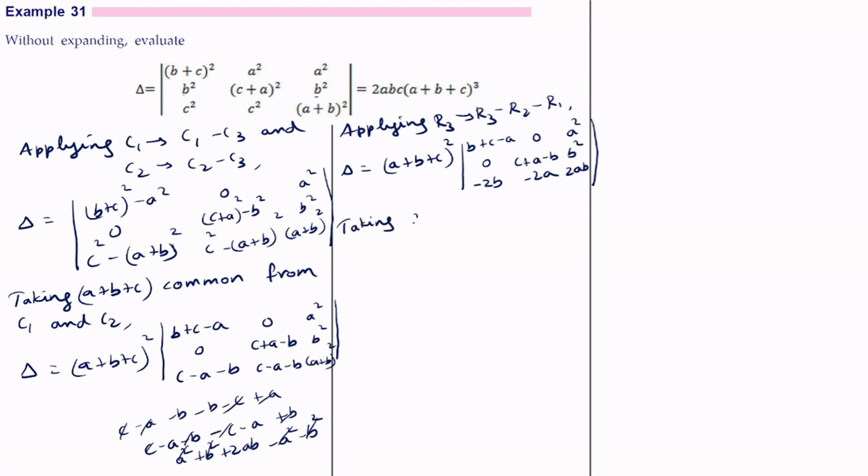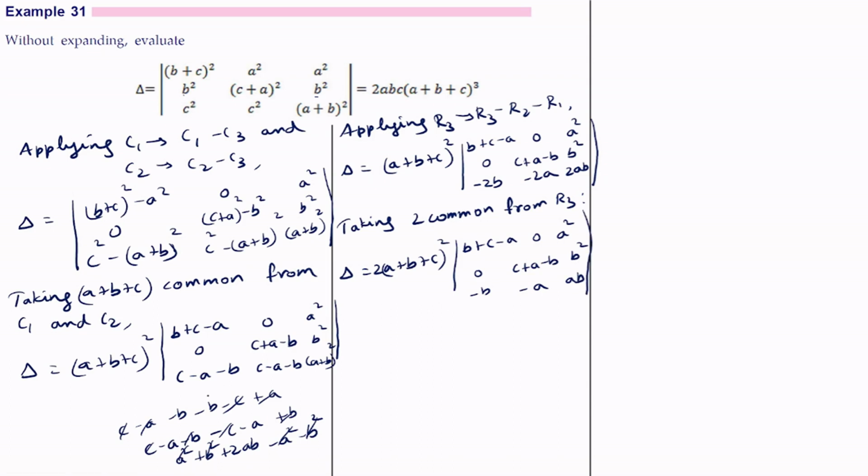Taking 2 common from R3, we will get delta as 2 into a plus b plus c the whole square into determinant of b plus c minus a, 0 a square, then 0 c plus a minus b square, then minus b minus a and ab.